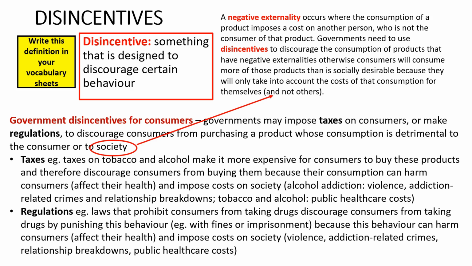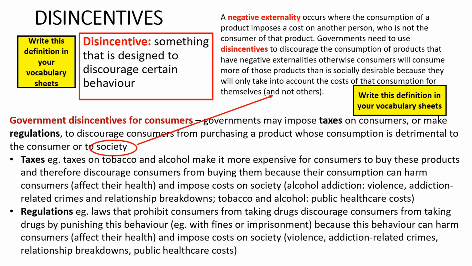A negative externality occurs where the consumption of a product imposes a cost on another person who is not the consumer of that product. Look down the left-hand side of your vocabulary sheets, find the term negative externality and write this definition in there. For example, a consumer who buys and consumes tobacco, alcohol, or drugs runs the risk of damaging their own health.